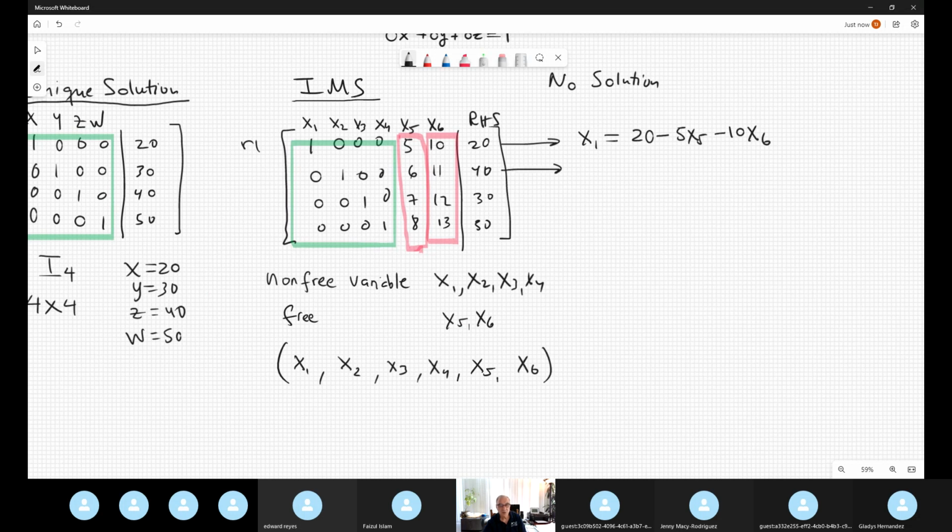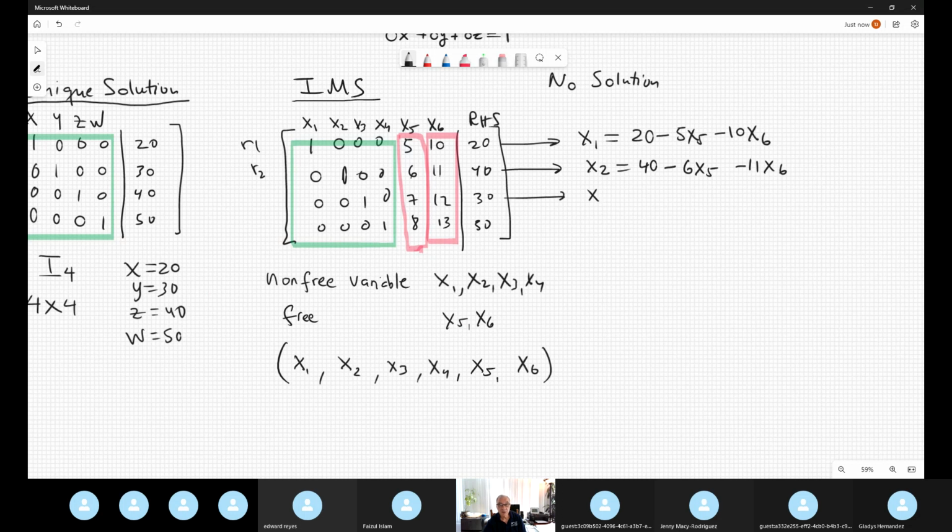In equation 2, in row 2, x2 is equal to 40 minus 6x5, and remember, x5 and x6 are free, it's already a number, minus 11x6.